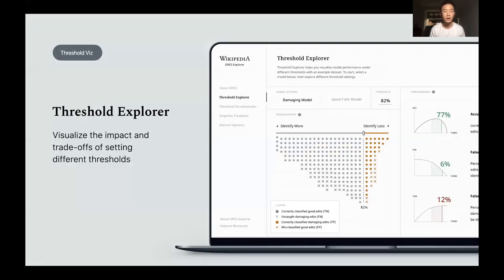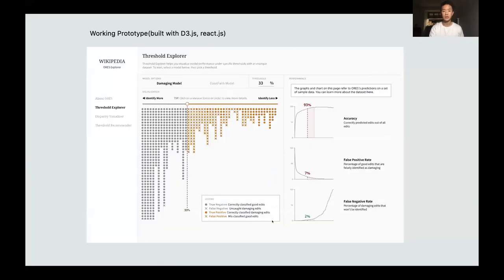The first interactive visualization we have is Threshold Explorer, and the goal is really to visualize the impact and trade-offs of setting different thresholds. As you can see in this demo, the user will be able to see a slider, and when the user drags the slider, they can see the changes in accuracy, false positive rate, and false negative rate.